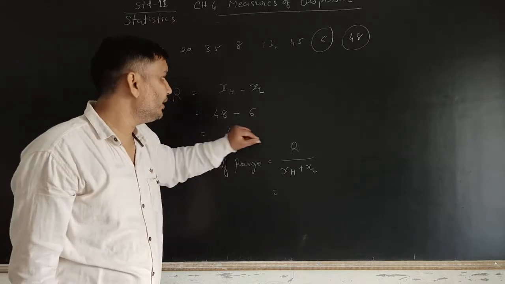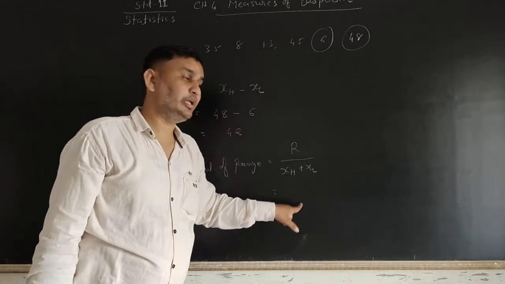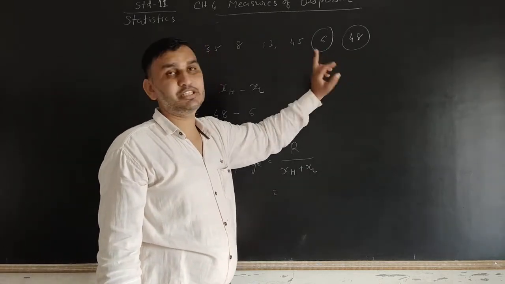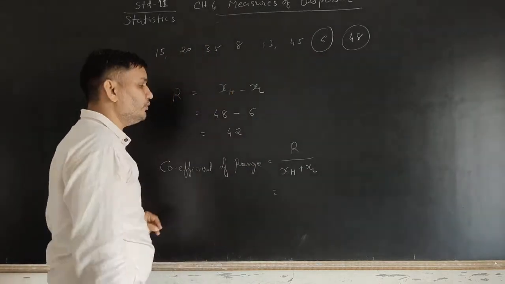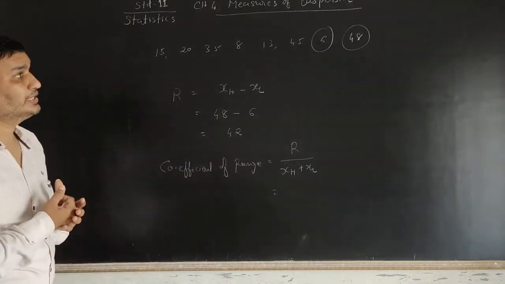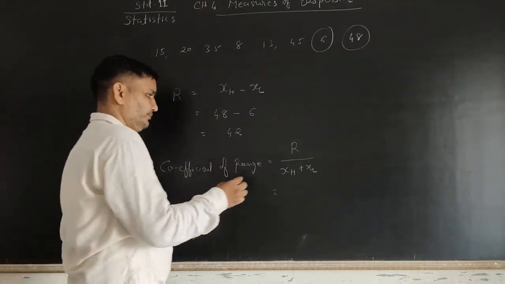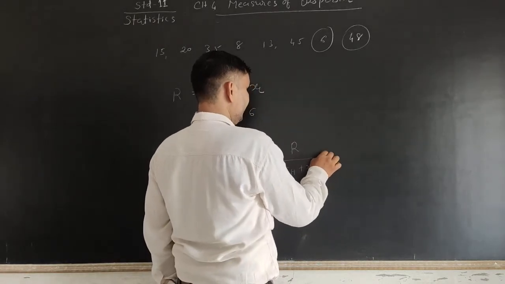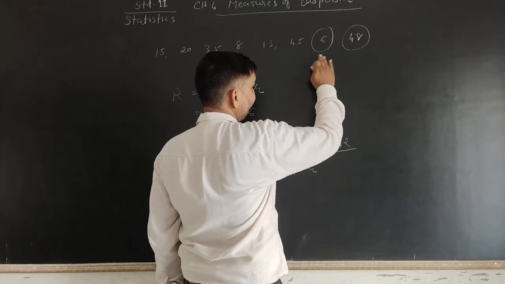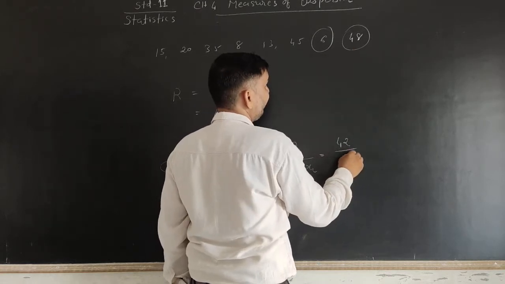The range is 42, the highest value is 48, plus 6, so 48 plus 6 is 54. So the answer is 42 divided by 54.